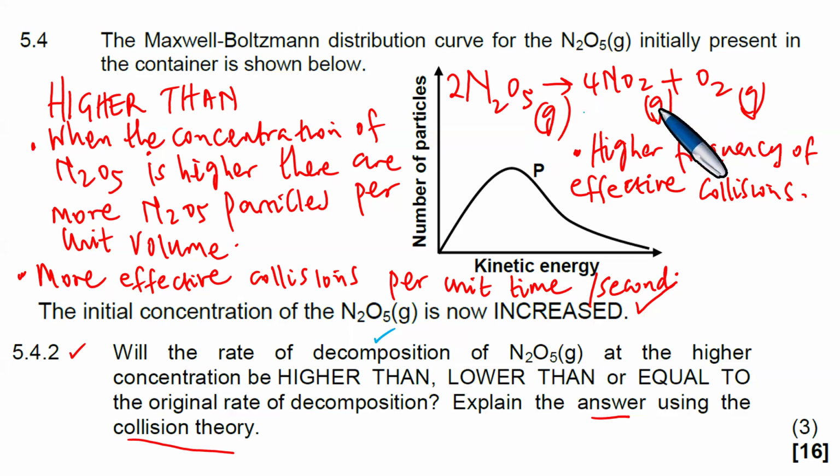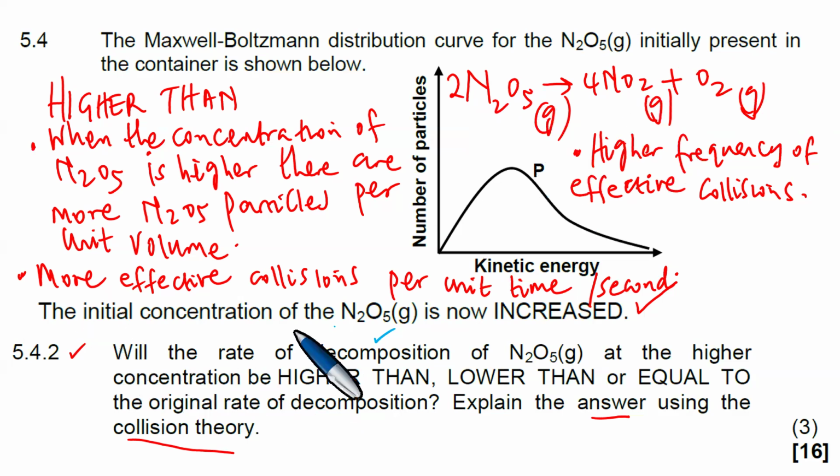Breaking things down in science and mathematics, we say it's decomposition. It's breaking down into 2 pieces, from just 1 piece. You can say it's used up, but when the N2O5, the dinitrogen pentoxide, is used up, it forms NO2 and oxygen.